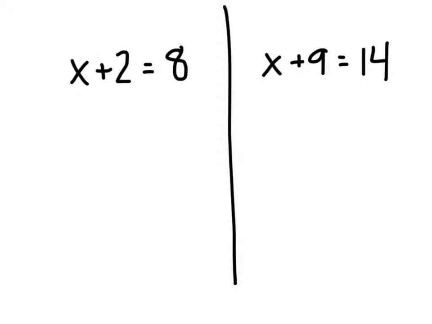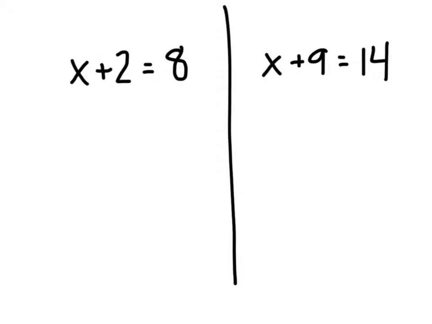So let's look at what we have. We have x plus 2 is equal to 8. Remember what I just said, you're always going to be using the opposite operation. So if this is x plus 2, the opposite of addition is subtraction. We're trying to think of how many more we have to add to 2 to get 8.